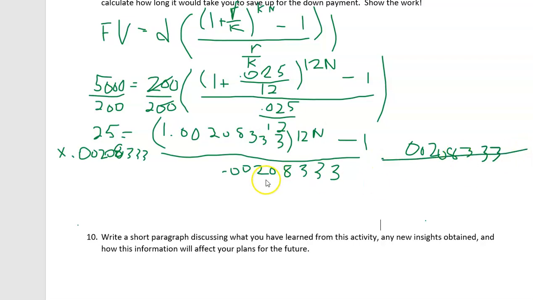So on this side, this will cancel out with this, but over here, let me put 25 times this number into the calculator.